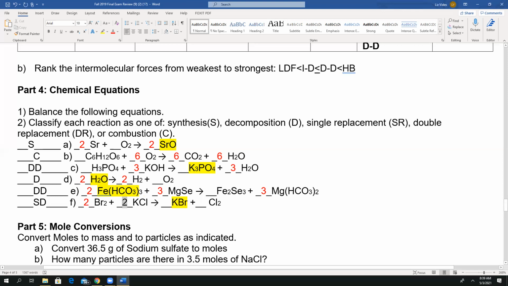And that was not where the bromine went, by the way. I screwed up on that one. That's not the 2 there. I meant to put it here. Okay, there you go. And that should do it. It should be now balanced. Okay, and we're done. All right, so that part is finished.